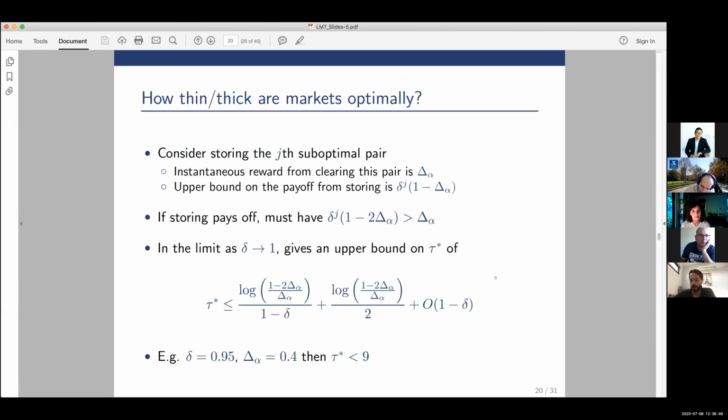Yeah, so I should have said this, it's now a proposition in the paper. There's a bound. So if big delta is 0.4 and the discount factor is 0.95, then you still do not store more than 9 agents of suboptimal types.